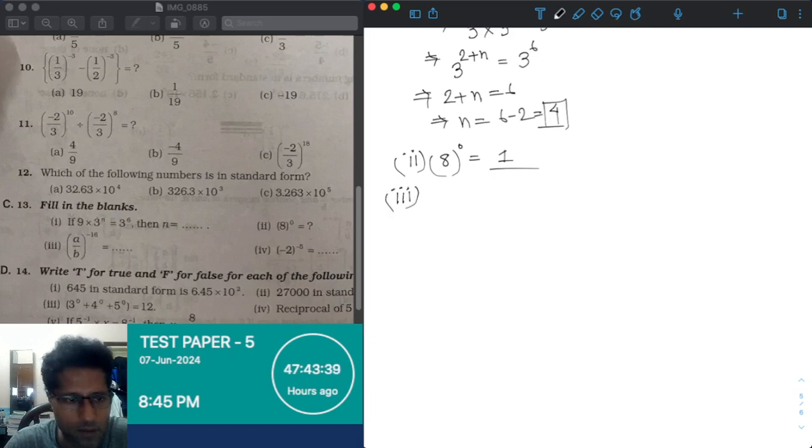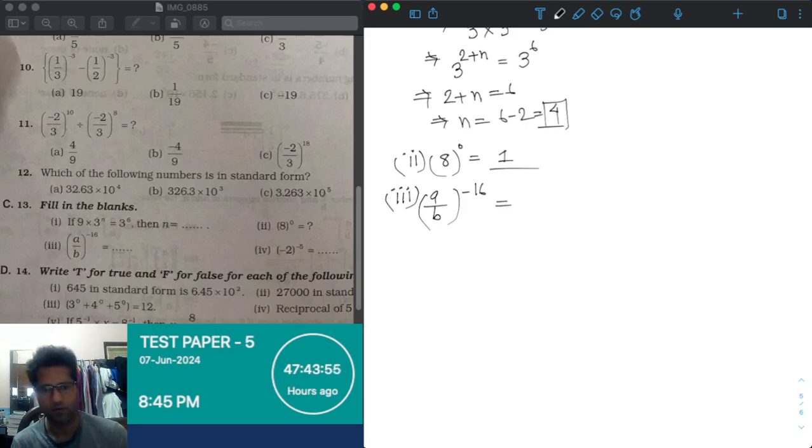And part 3 says a by b raised to the power minus 16 equals. We don't know the value of a and b, so this will not lead to any fixed number. It will surely be in terms of a and b.